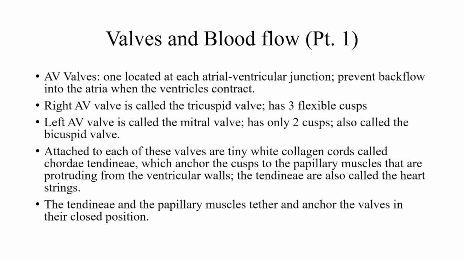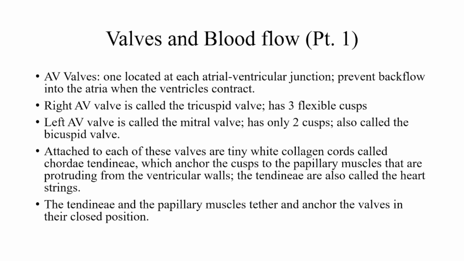Attached to each of these valves, so again, you've got the left AV valve and the right AV valve, are tiny white collagen cords. These cords are called chordae tendineae. These cords anchor the cusps to the papillary muscles, so basically they make them stay in place.